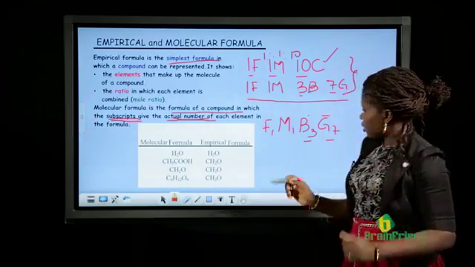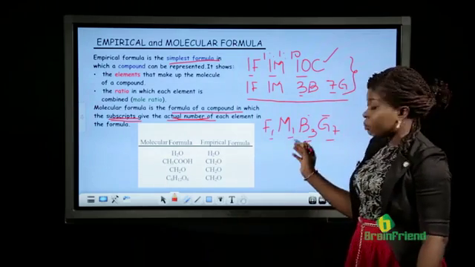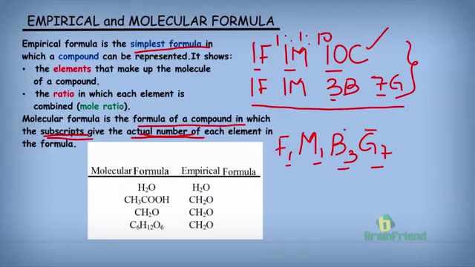So these subscripts are giving us the actual number of the elements, or as in here now representing my family, it's giving us the actual number of family members I have. It's telling us that I have 1 father, 1 mother, 3 brothers, and probably we are 7 girls. All right? Now, I can have another friend with this same family makeup.